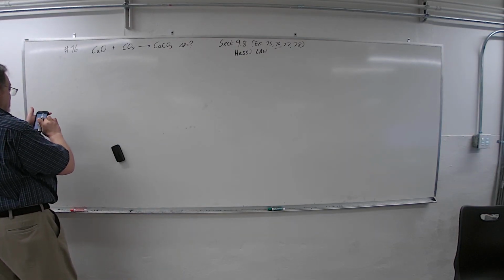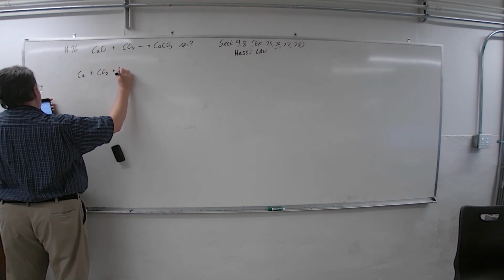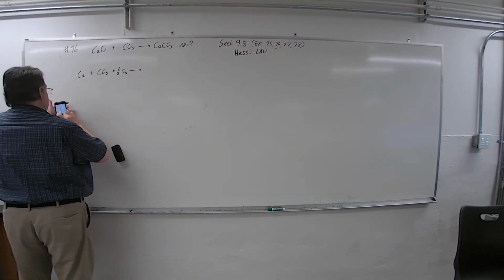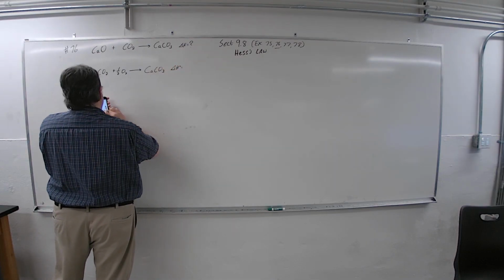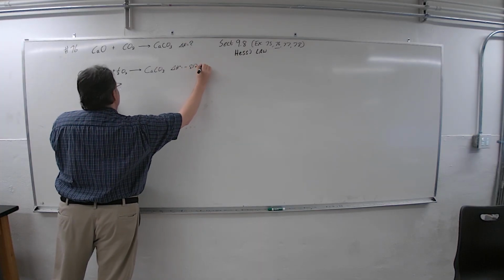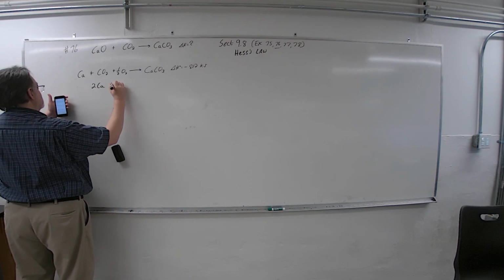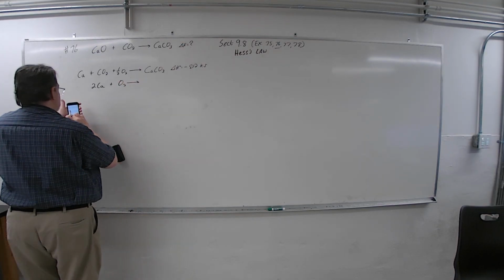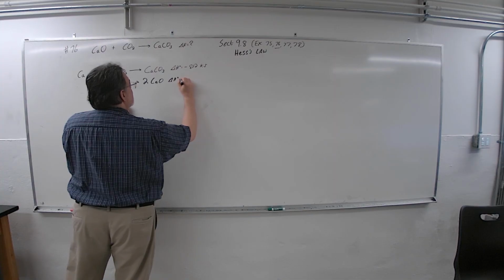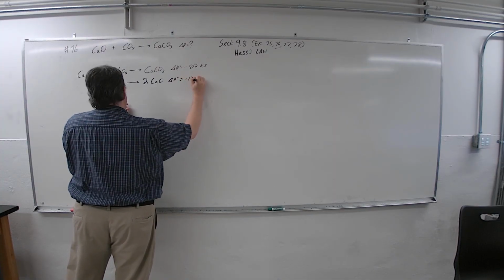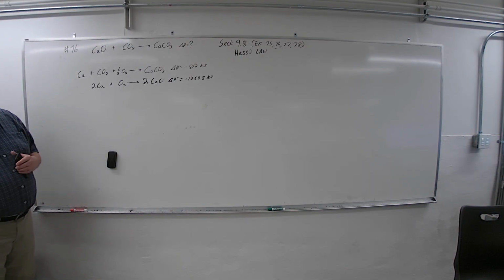You're also given a reaction that tells you this delta H. Given one other one, 2Ca plus O2 equals, with its delta H. So that's what you would be given for a problem like this.